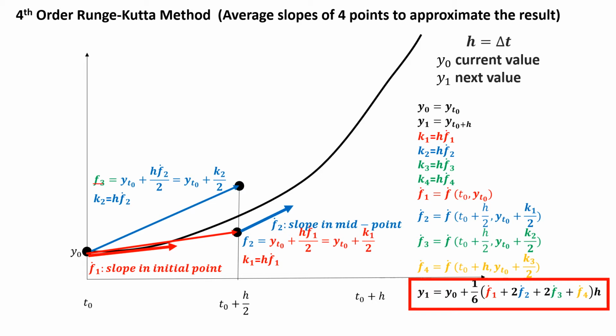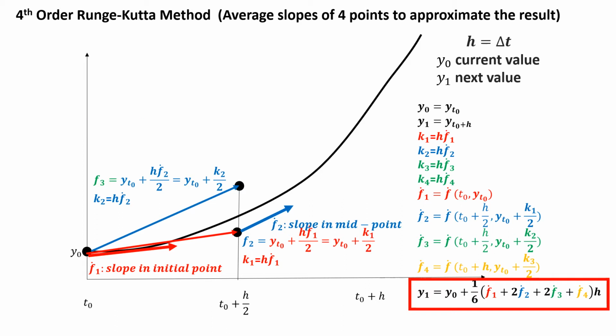The f3 here is actually y at t0 plus 2h, y is equal to f3, and it will equal this one, so it will get the point here.